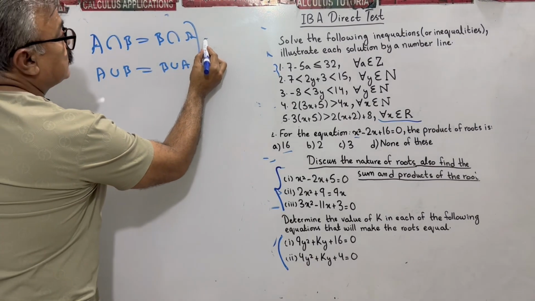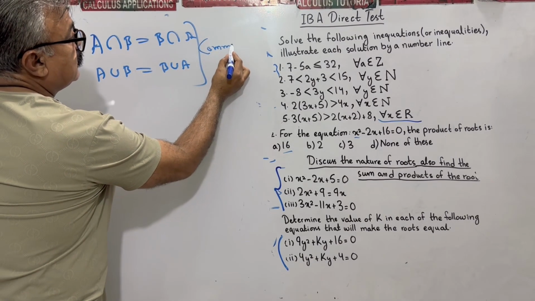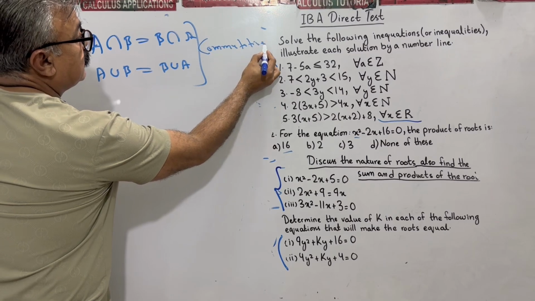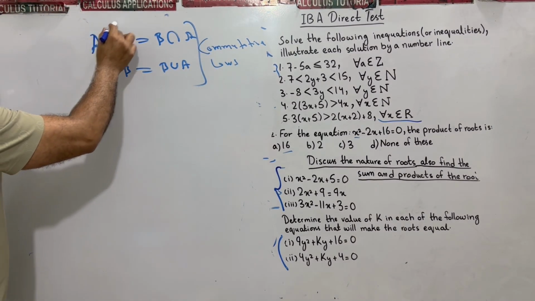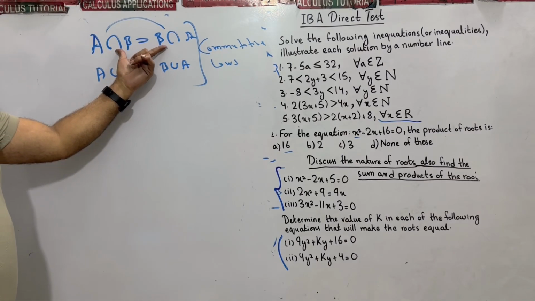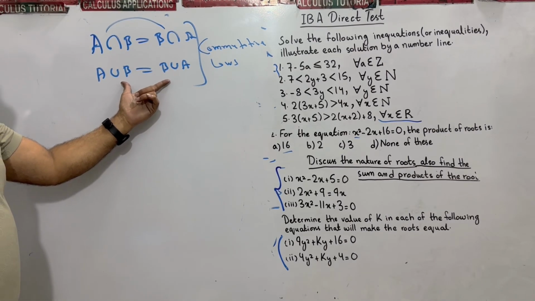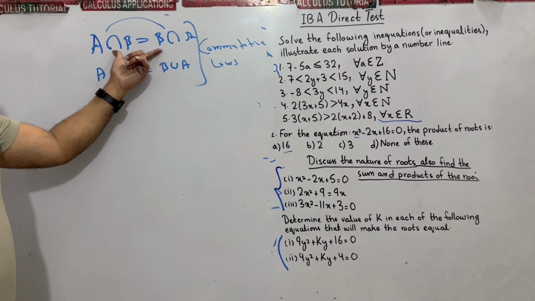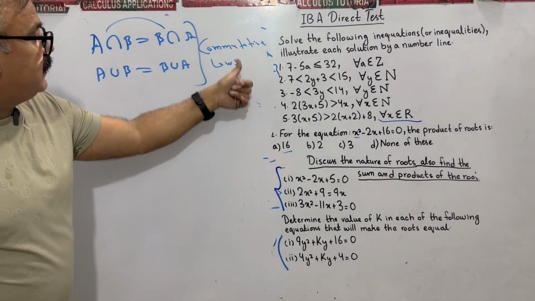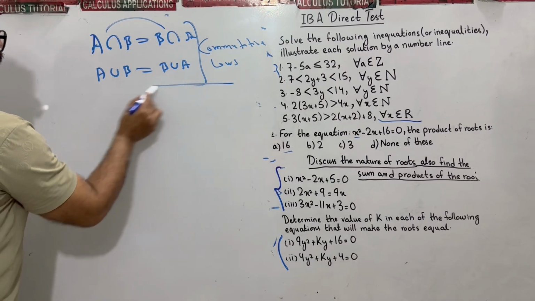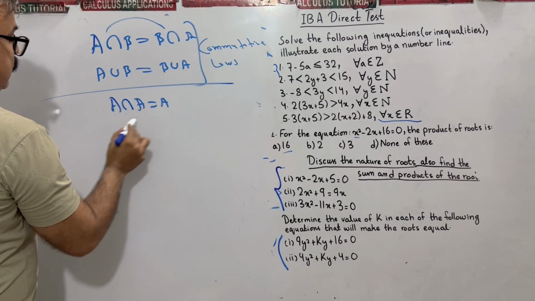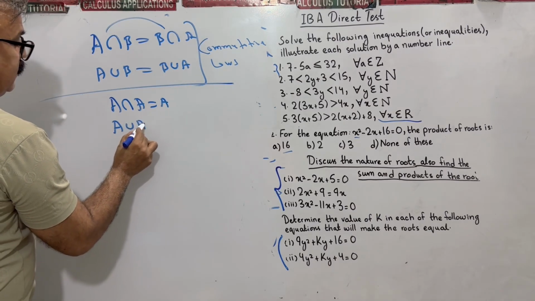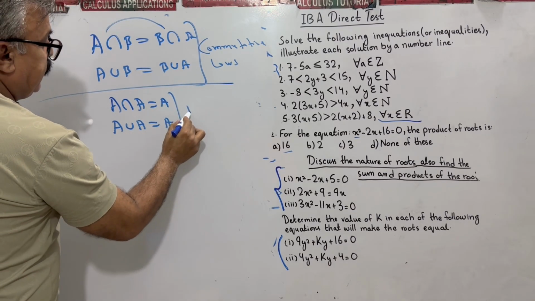These both are known as commutative laws: commutative law for intersection and commutative law for union. You should have a fair idea about this. Idempotent: A intersection A is equal to A and A union A is equal to A. Idempotent laws.